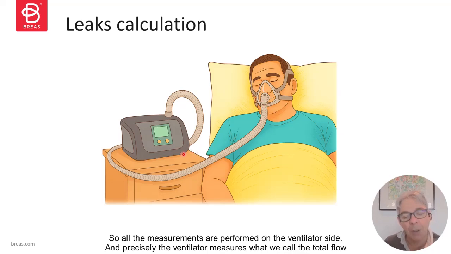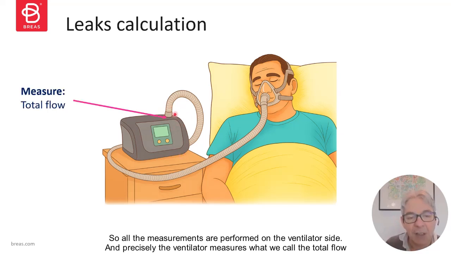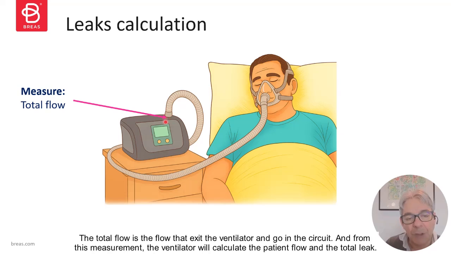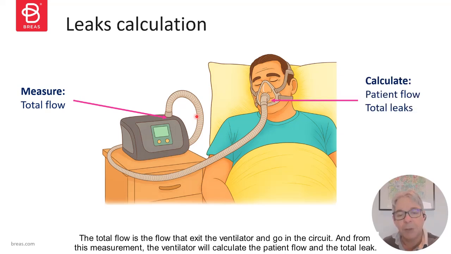All the measurements are performed on the ventilator side, and precisely the ventilator measures what we call the total flow. The total flow is the flow that exits the ventilator and goes in the circuit. From this measurement, the ventilator will calculate the patient flow and the total leak.